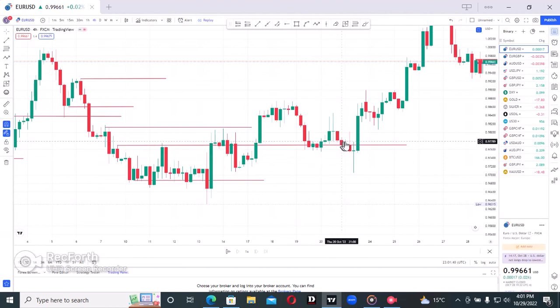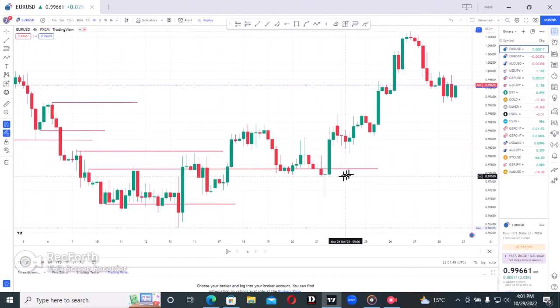So we have an impulsive move right here. That's the area where you're going to look for the buy positions. As you can see, our momentum is moving in the bullish trend. So this is, you can see, the very same stuff right here.